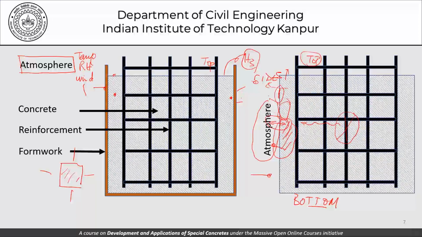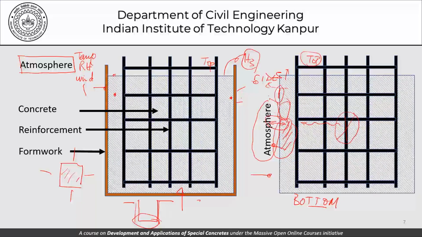The bottom of the column is not really in question because it will either be cast against an existing surface of concrete, or it will be coming from the raft or whatever. So that's not really relevant. Having said that, if it were a beam that we are talking about, then the bottom and the sides and the top is very much in line with the representation shown here.